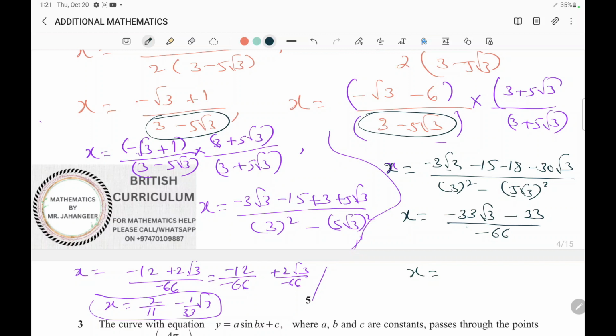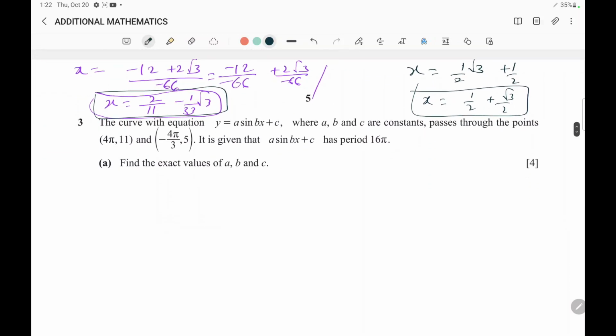Now guys, minus 33 over minus 66, that's half, right? Half root 3, and that's also half. So guys, we can write half plus root 3 over 2. So this is one answer, and this is another answer. Okay, fine. Now come to the next question.